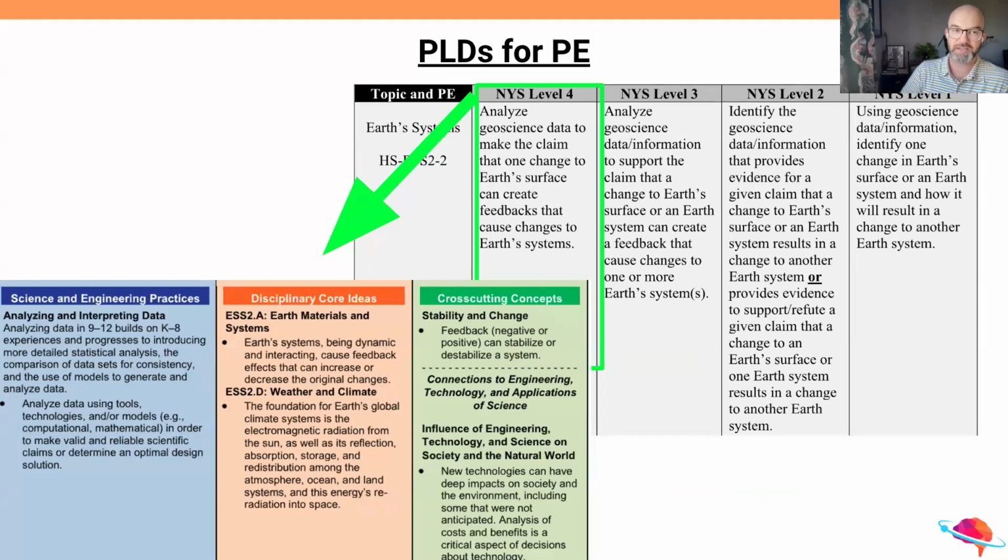They need to identify that Earth's materials and Earth systems are dynamic, and also that the foundation of those things is radiation from the sun, and there are weather and climate changes as well. And all of these things have to result from analyzing data. So students have to look at data sets that can be, it says very specific here, mathematical things, models, technologies, and they need to be able to make claims from that data.